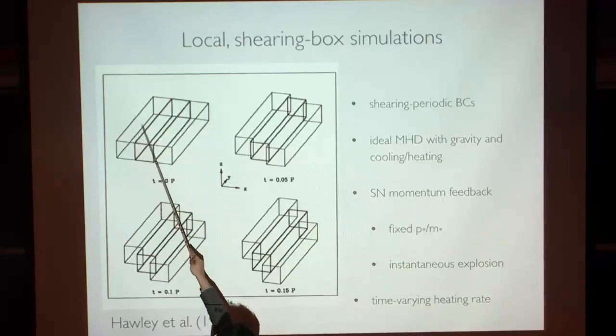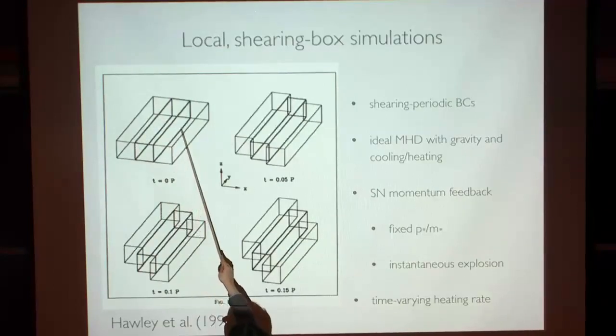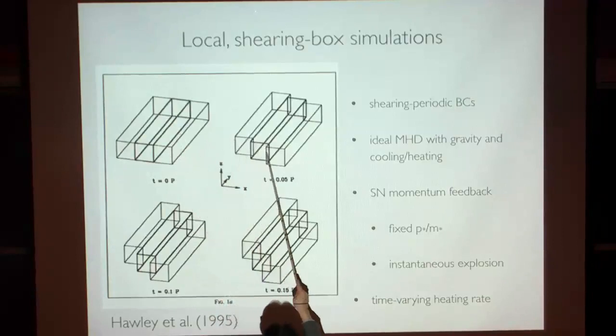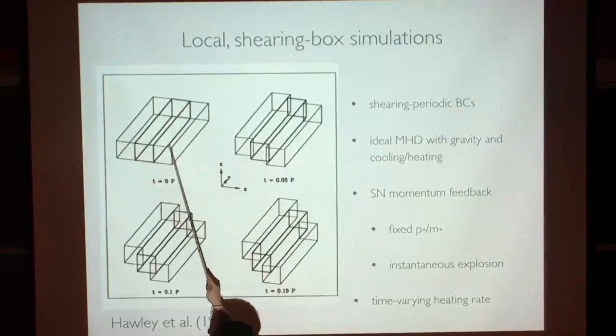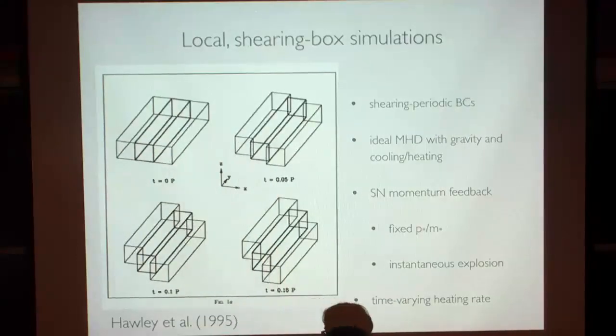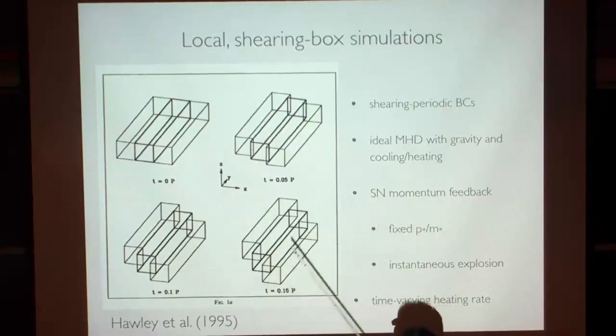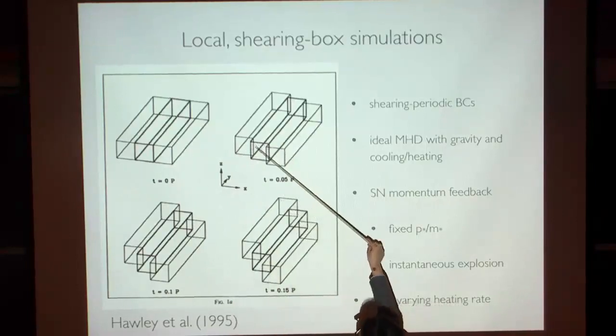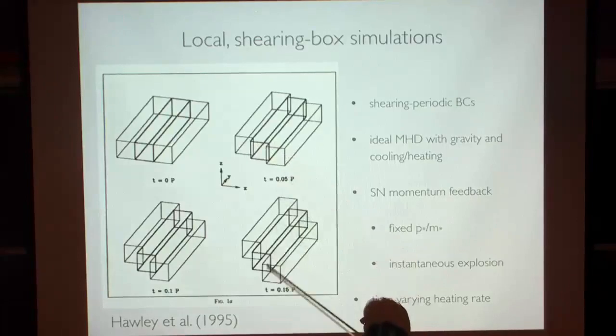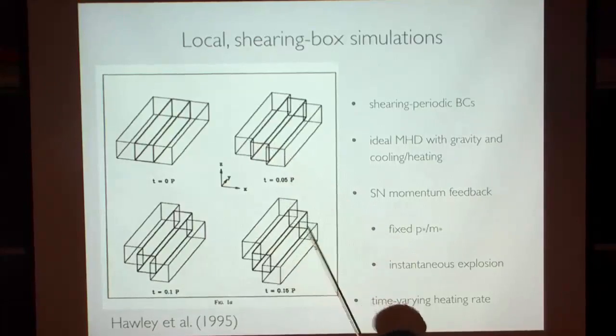So the inner region will go faster, and the outer region will go slower. Then the periodic condition is not actually truly periodic. You need to take into account those shear effects, and those boundary conditions give some periodicity along this line. It also changes with time, and then it will eventually recover the periodic conditions.